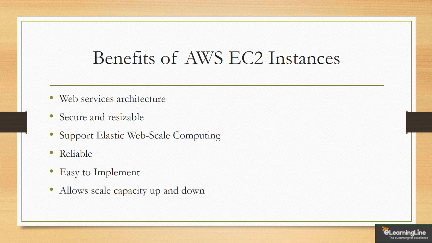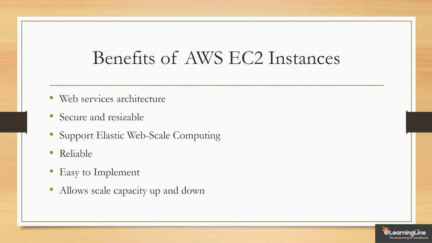Now, let's talk about the next thing. Allow a scale capacity up and down. Now, what does that mean? Let's say I want to solve one puzzle that requires me at least 10,000 computing nodes for a 2 hour time frame. So what Amazon does is, from their data center, they can have this much capacity and you will buy it from them.